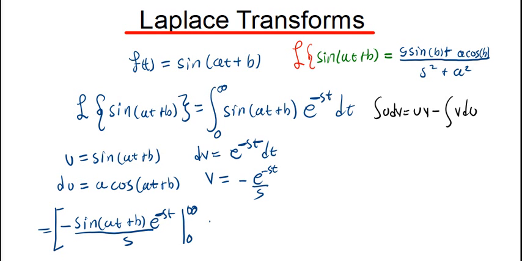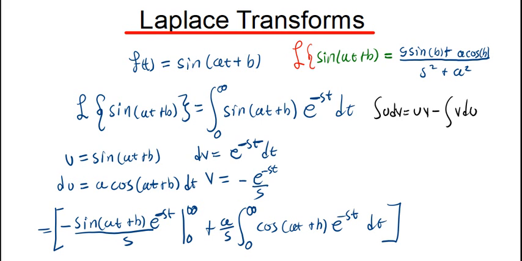Then that will be plus, because I'm supposed to say minus, but because of the minus that I have, there's going to be plus a divided by s, times the integral from 0 to infinity of cos at plus b multiplied by e to the minus st dt. Sorry, there is a dt here.